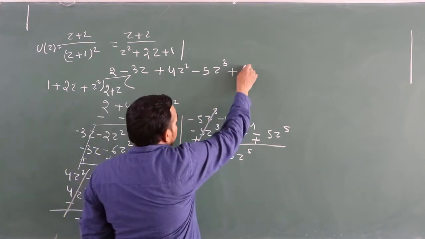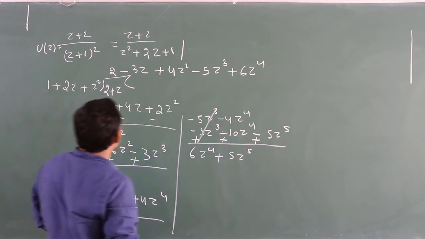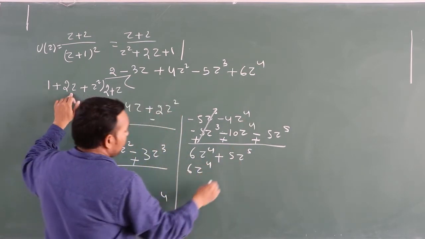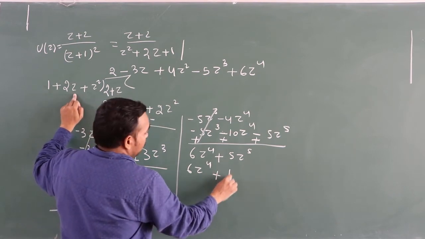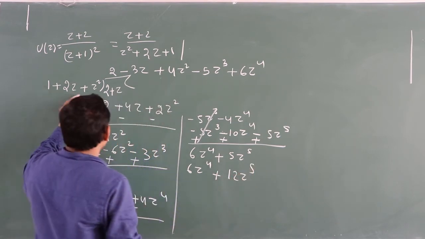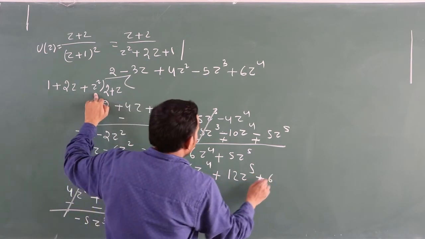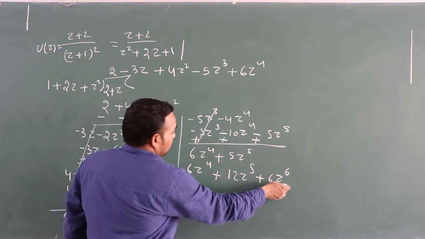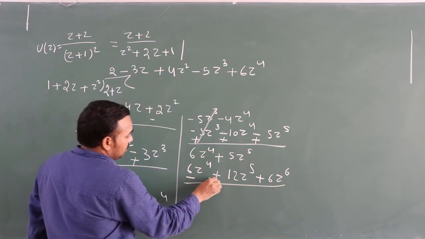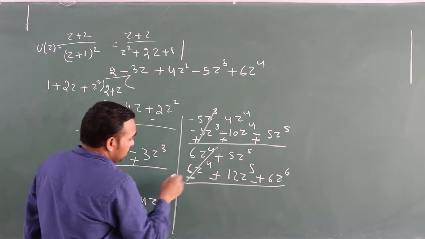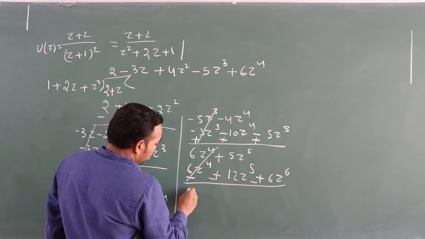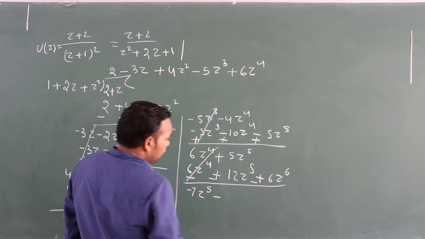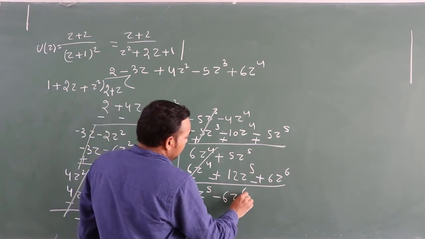And again, if we write here 6z to the power 4, we simply get 6z to the power 4 plus 12z to the power 5 plus 6z to the power 6, and subtract, this is minus minus, this cancels out, and this is minus 7z to the power 5 minus 6z to the power 6.